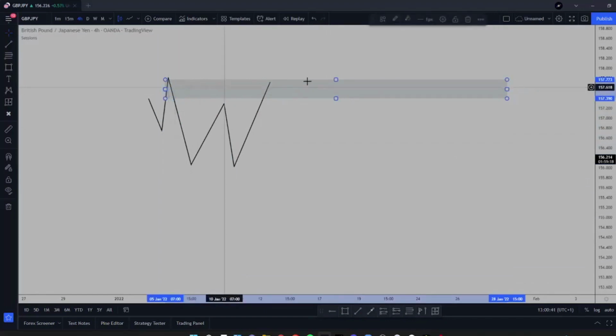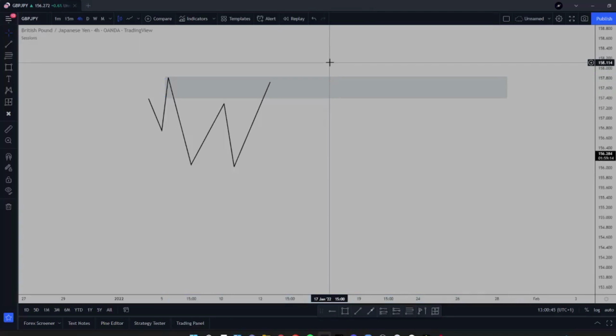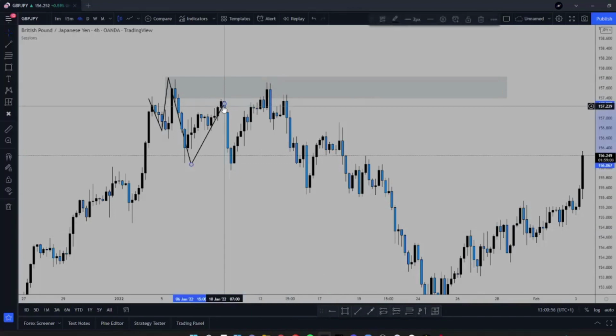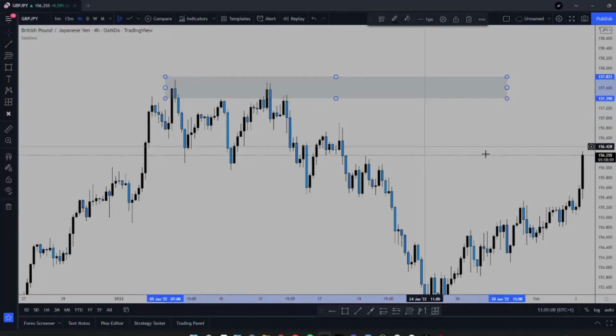This would be a valid zone. Okay, so what did price do next? It reacted to it, and this would be our trade. Okay, very simple, very straightforward, just following our rules.